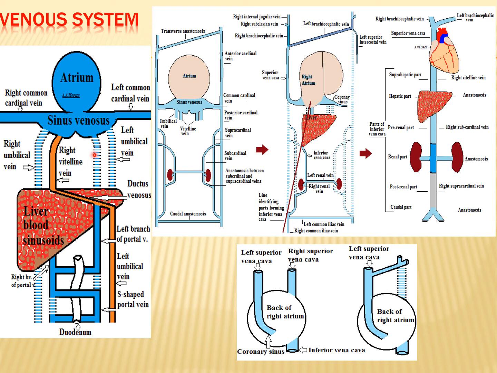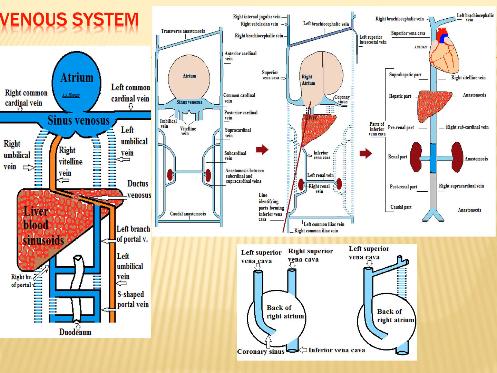As we said, the development of the liver here divides the middle portion of the vitelline and umbilical veins, forming the liver sinusoids. So the middle portion of the vitelline and umbilical veins forms the liver sinusoids.